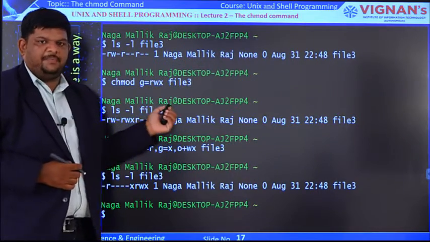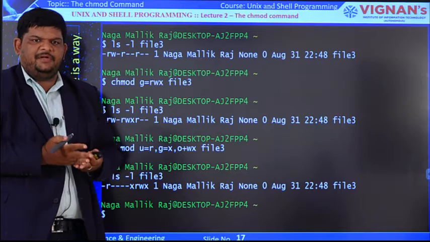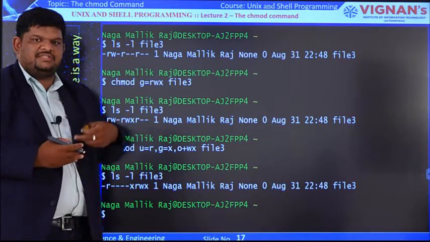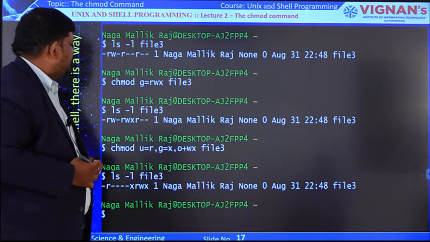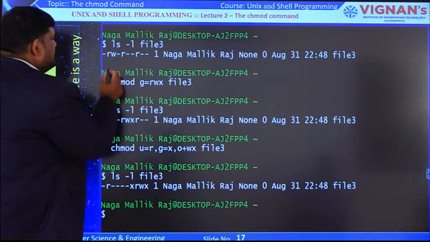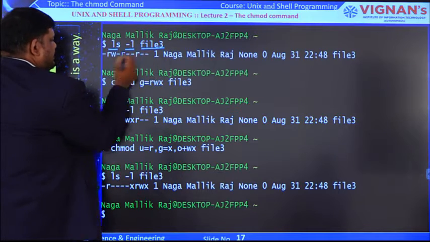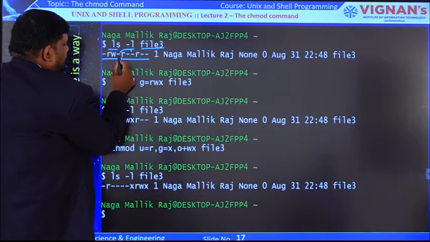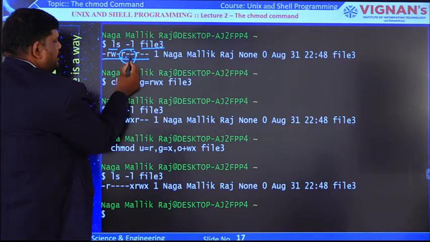The next operator is the equal to operator. We have seen plus adding the permission, minus removing the permission. Now equal to means we are going to set the permissions. How this will affect: now ls option L file 3, these are our permissions. For group only read is there, no write, no execute.